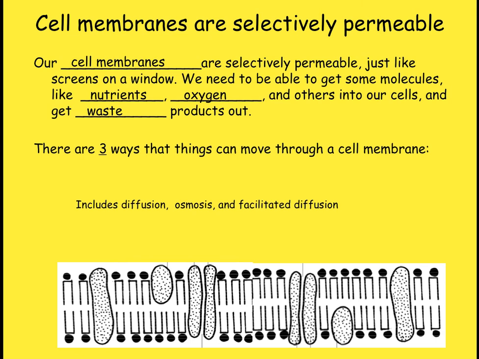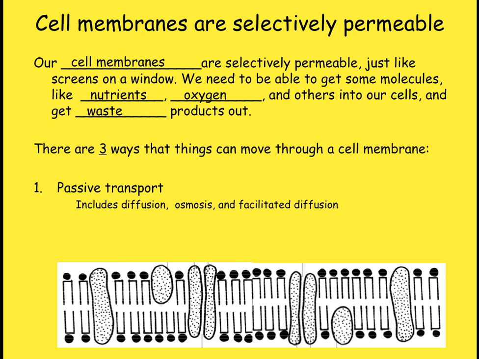There are three main ways that molecules can move through the cell membrane that I will be talking to you about in this section. The first is called passive transport. And passive transport is a category which includes three different processes. They're listed here: diffusion, osmosis, and facilitated diffusion.